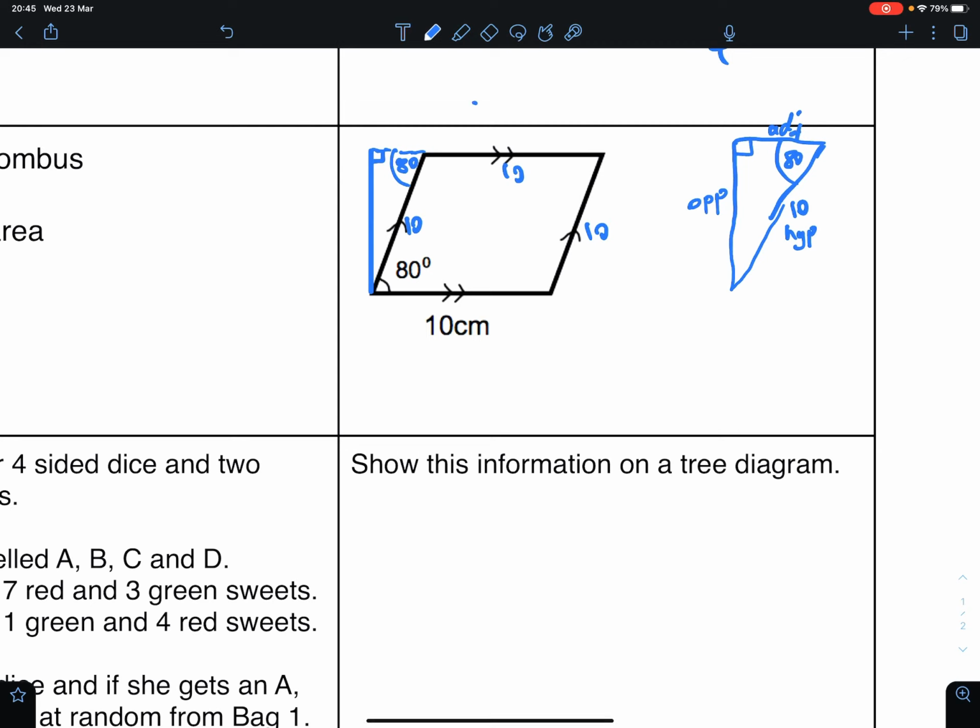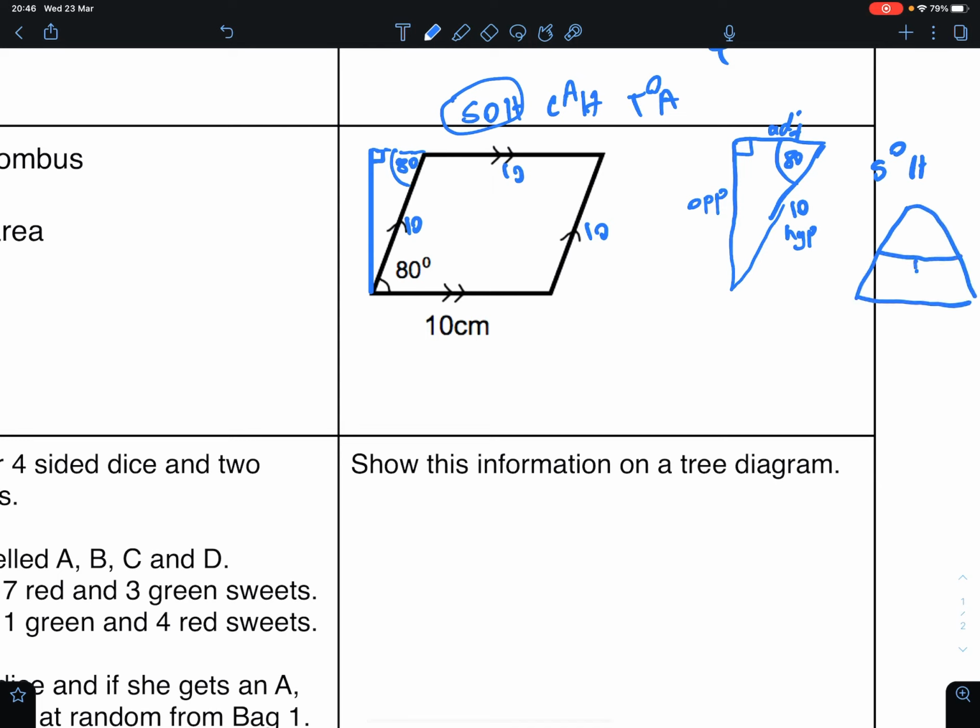Out of SOHCAHTOA, and TOA, well, the one with both opposite and hypotenuse is this one here. So instead of writing like this as a triangle, I'm going to write it with the replacements of what they actually are. So I have here sine of 80.